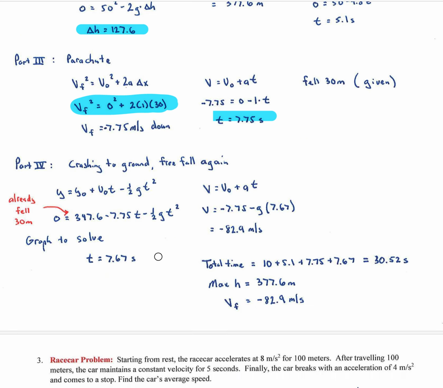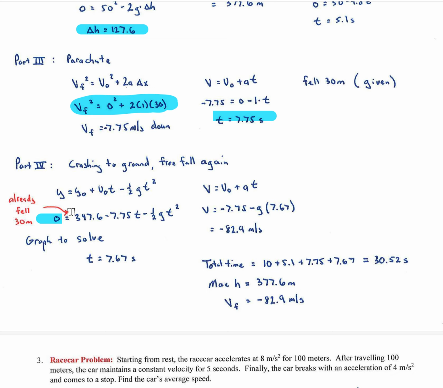All right, part 4, now I'm going to crash to the ground. And just keep in mind, crashing to the ground means I want a future y value of 0. I already fell 30 meters, so my starting height is 347. I'm already moving down at 7.75, so I put a negative 7.75 in here.